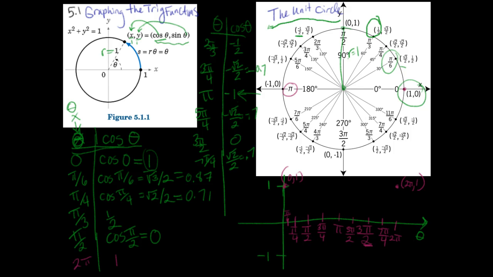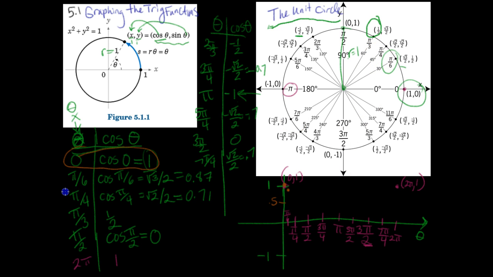And now when I graph it, let's get an even different color. So here's the first point using my table of values. Now if I do pi over 6, that's 0.87. So here's 1, here's 0.5. So 0.87 would be somewhere up here, right? Then pi over 3. Oh, and we should have done pi over 4.